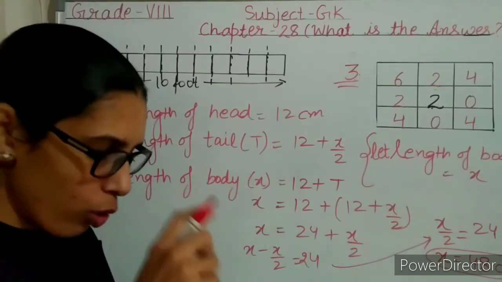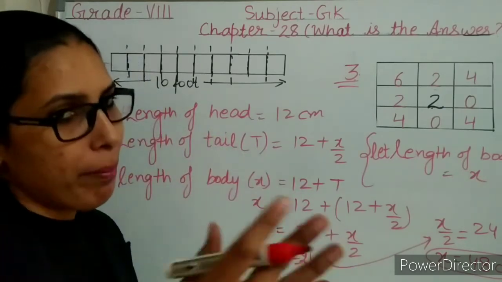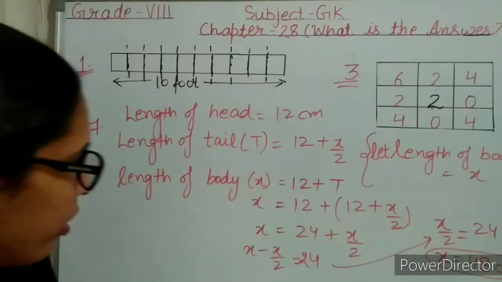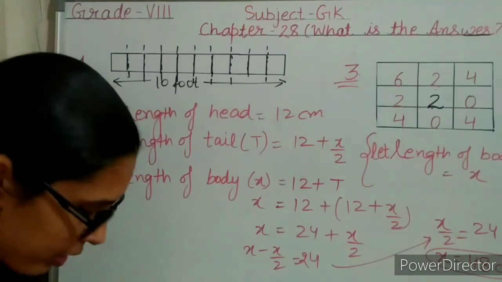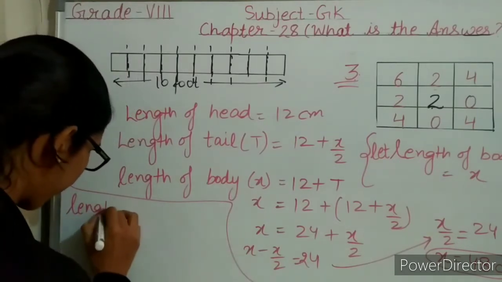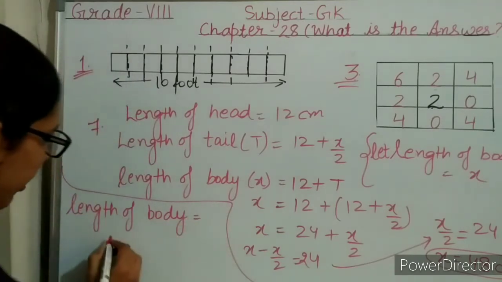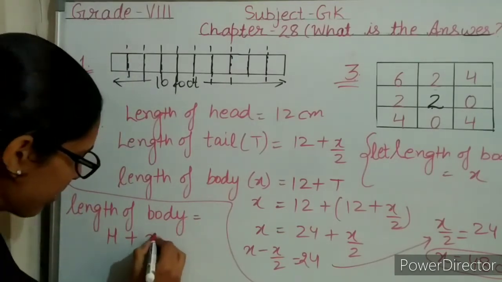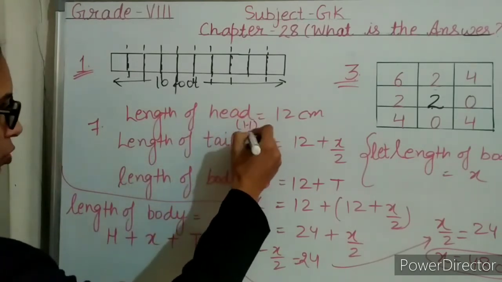If I have to find the overall length of the bird, then I will have to add head plus body plus tail. So now I am erasing it, or I can do it this side also. So the length is head plus body x plus tail t. Head means this was 12.